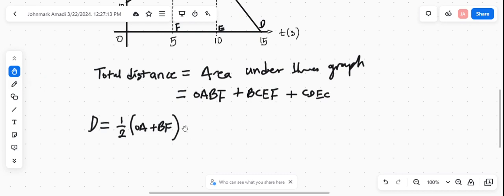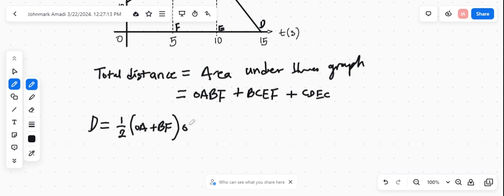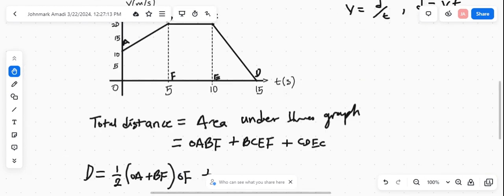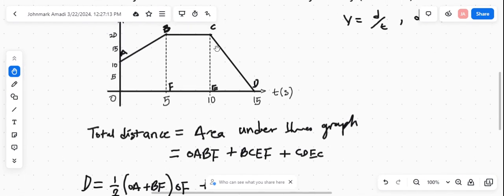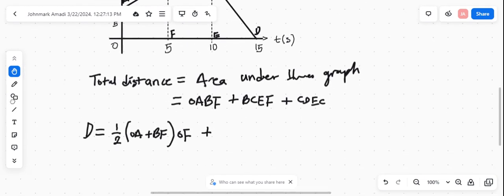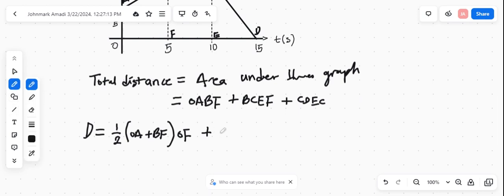Let me just write OF here first. Plus the area of a square there. Which square are we talking about? Plus the area of a square, let me repeat it.